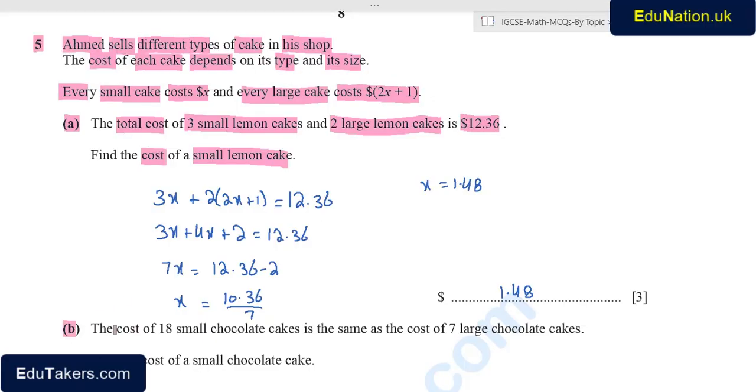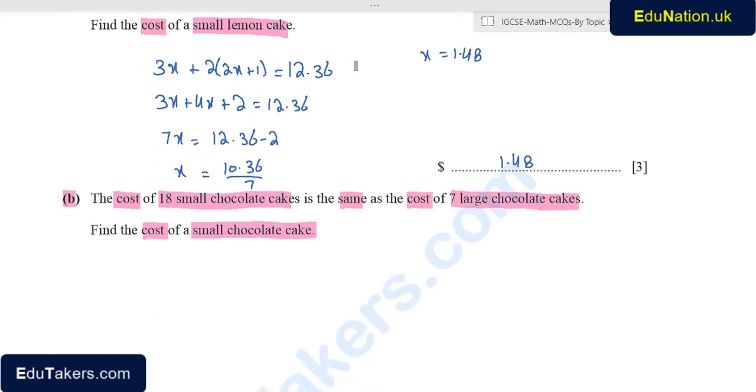Part B. The cost of 18 small chocolate cakes is the same as the cost of 7 large chocolate cakes. Find the cost of a small chocolate cake. Each small cake costs x dollars.